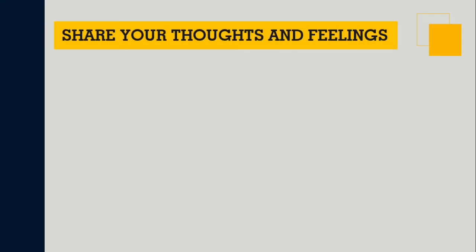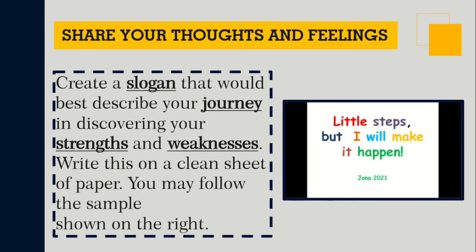Now, for you to be able to accomplish what you have learned from this module so far, you need to accomplish this activity. So it's to share your thoughts and feelings, and for you to accomplish this activity, you need to create a slogan that would describe your journey in discovering your strengths and weaknesses.